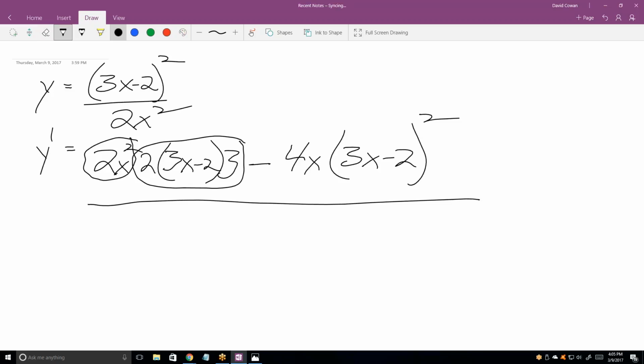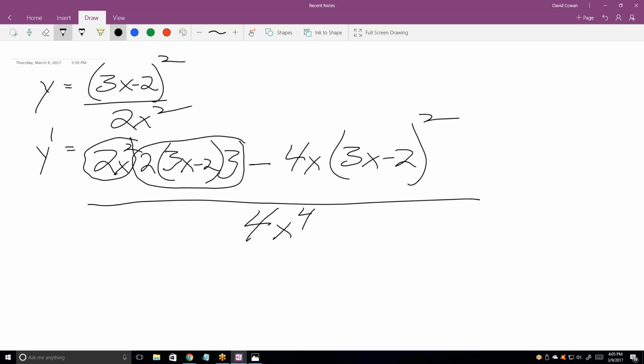Now what goes on the bottom? 2x to the 4th? Well, it's the bottom squared. What is that number when I square it? Got to square the 2 and you got to square the x squared. So it actually turns into 4x to the 4th. Let me write that. 4x to the 4th.